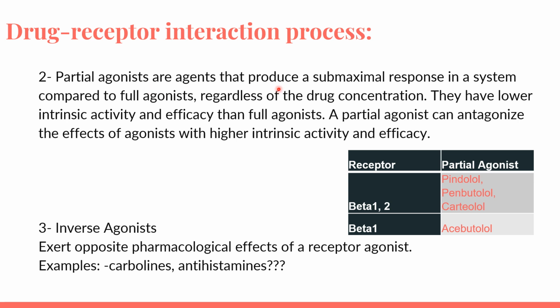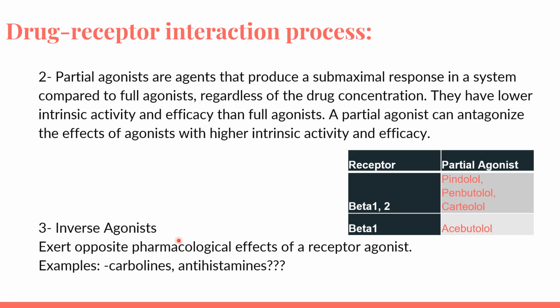Partial agonists are agents that produce a submaximal response. So they are agonists, but their effect is minimal compared to the effect of full agonists, regardless of the drug concentration. They have lower intrinsic activity and efficacy than full agonists.